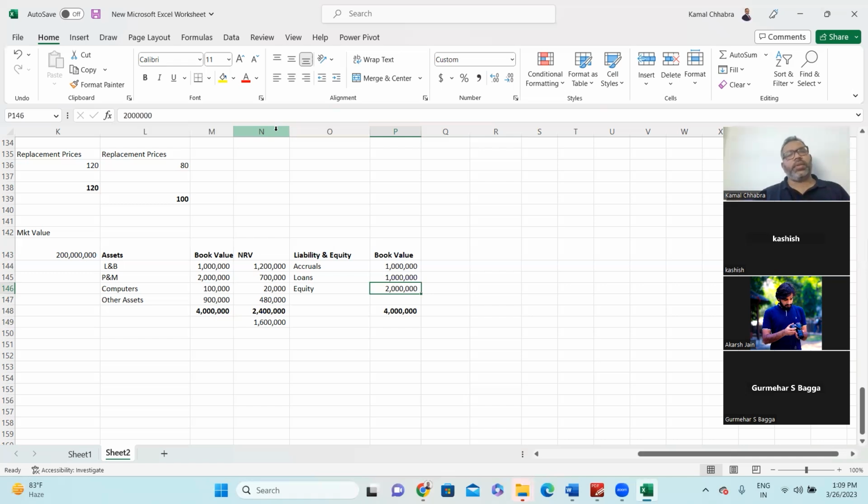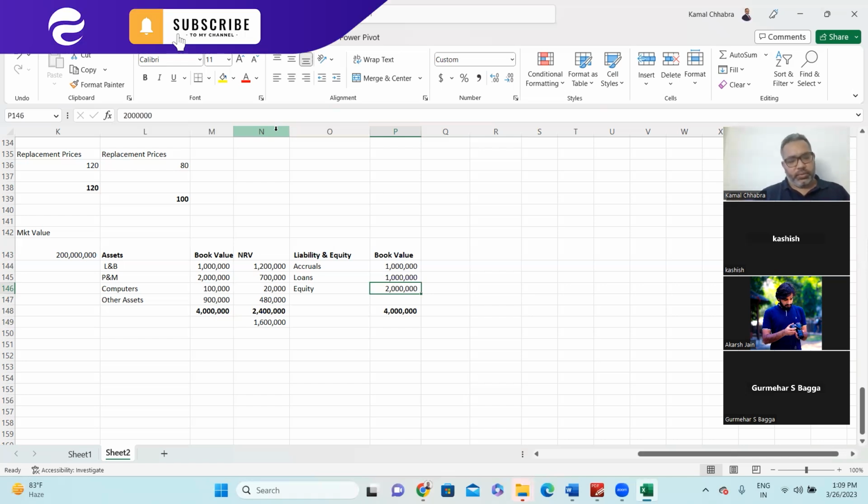No, this is just reorganization of share capital. So we are not getting into liquidation. What you are saying is liquidation of account, but here we are just doing restructuring of equity.